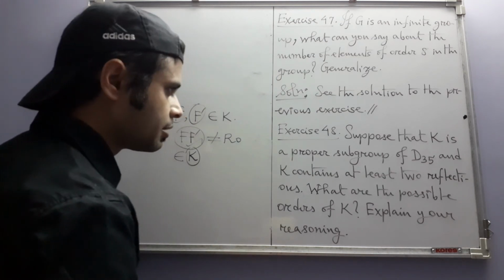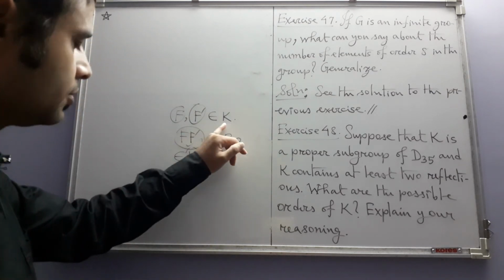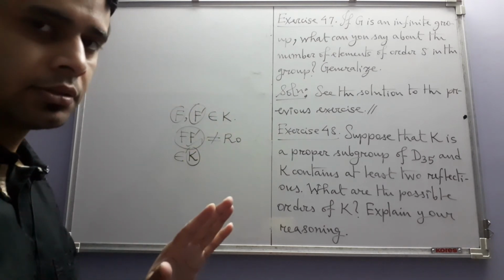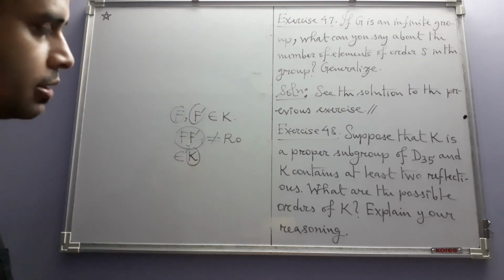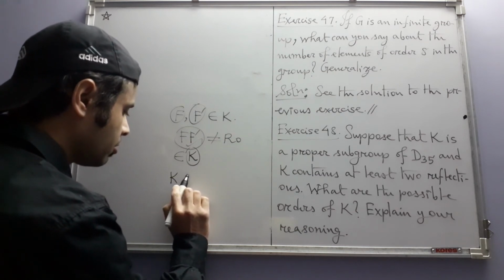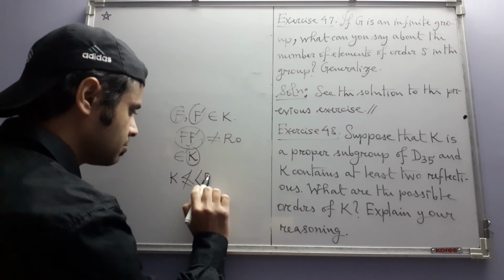But again, the same problem, because K has reflections and not just rotations, so K is now not a subgroup of this.